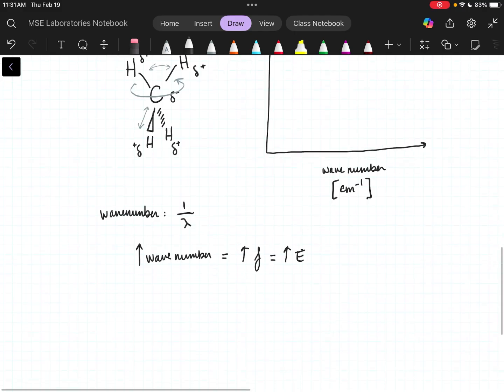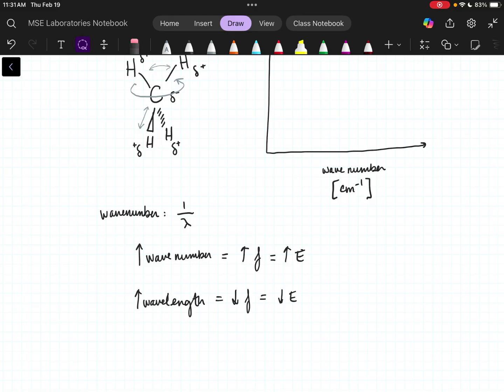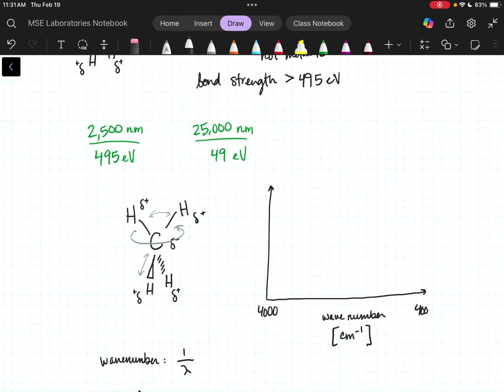They're not exactly the same number as each other, but they are more relational, if that makes sense. So a higher wave number is the same as a higher frequency and a higher energy, where before we had a higher wavelength was inversely, so lower frequency and a lower energy. So this one is inverse relationship. This one is a nice, convenient, kind of direct relationship.